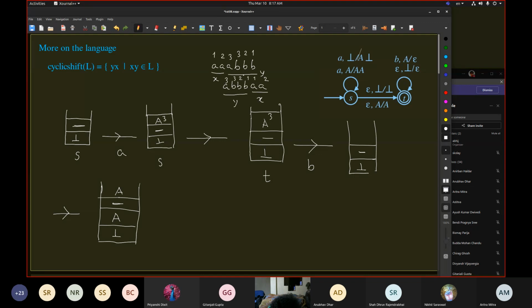What is this A? This is second B, so it should be 2. Once again, let me mention that these numbers 2, 3, 1 are not present. This is just for your understanding. Now it sees an A on the top of the stack, and since a B has to be consumed, B2, it can proceed. Then this B2 is basically A3.